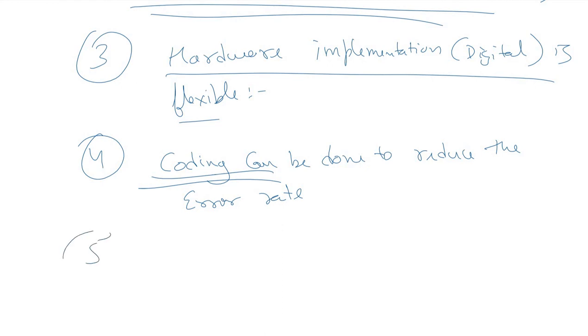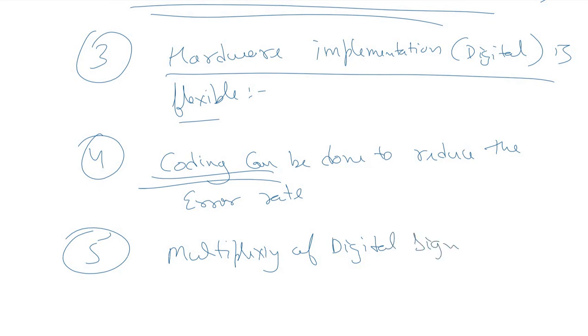That is another advantage. Next, it is easier and more efficient to multiplex several digital signals. Multiplexing of digital signals is easier. So that is another added advantage of digital communication.